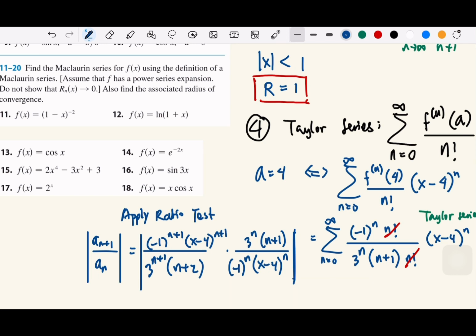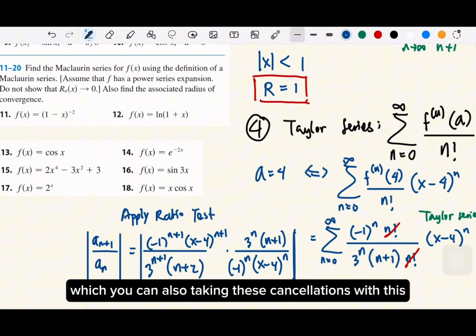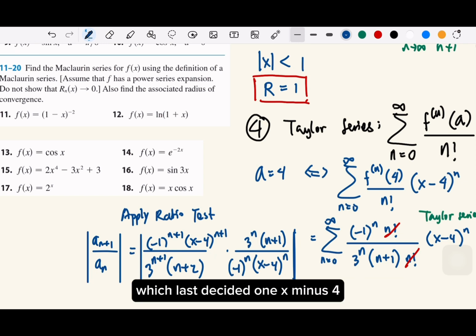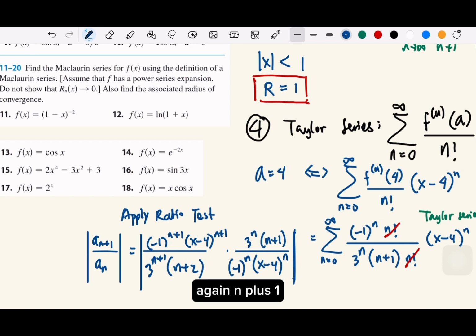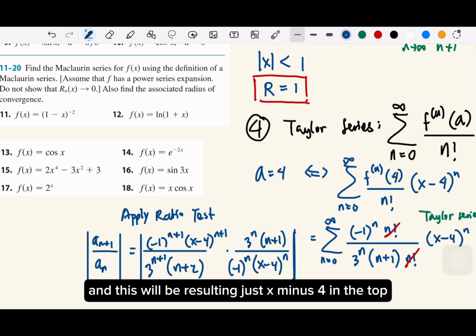We can simplify this (n+1), taking these cancellations, which leaves negative 1. x minus 4, again (n+1), we can cancel with this, resulting in just x minus 4 at the top. So we do those cancellations over here.